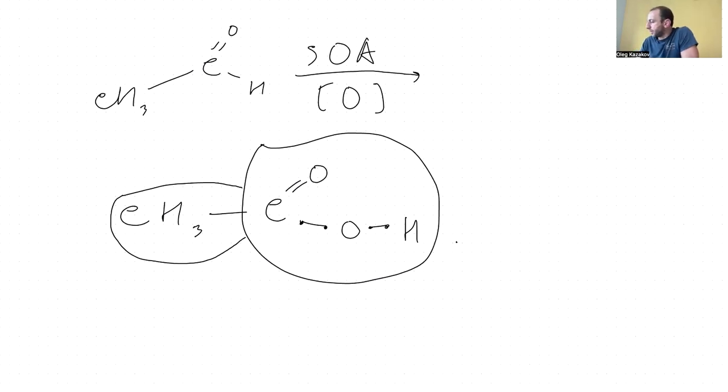So now we are moving on to more specialized topics, right? We are going to look at further reactions of aldehydes and ketones when they react with alcohols.